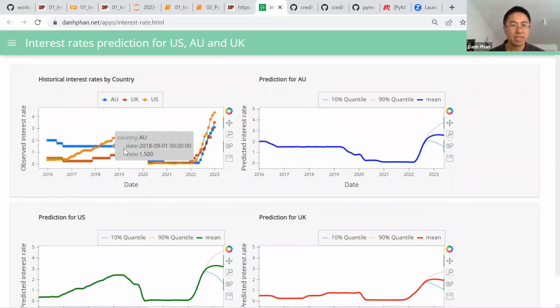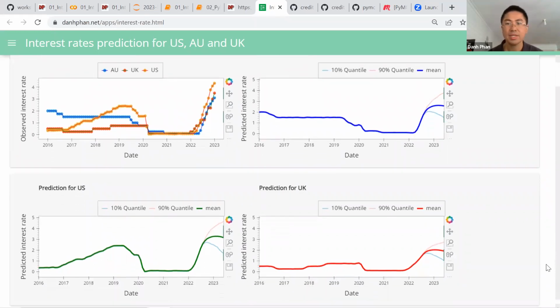I got the data from the different central banks in each country, and here are the three time series for those three countries. I do the same thing, using the ICM or LCM model to model those three data sets. And here is the prediction as well.